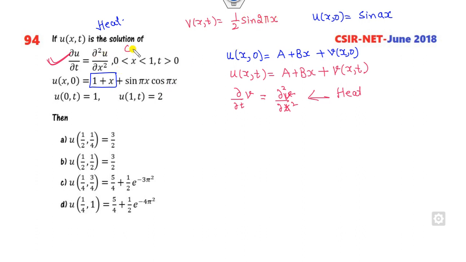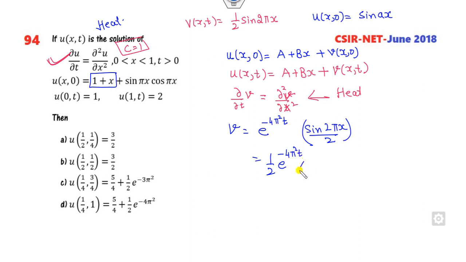Fine. So again in this case c is 1, so my solution will be e to the power of 4 pi square t sine of 2 pi x. That is my v solution.